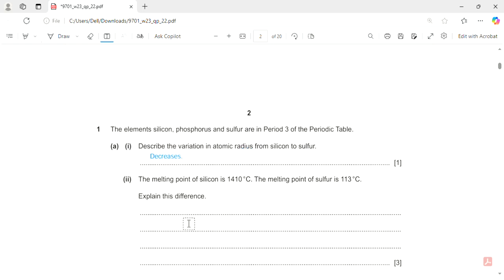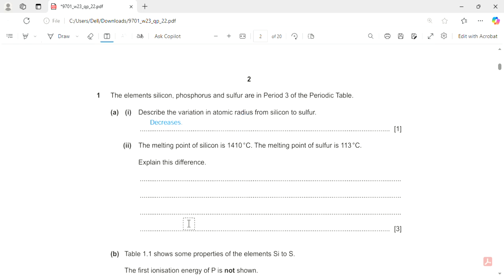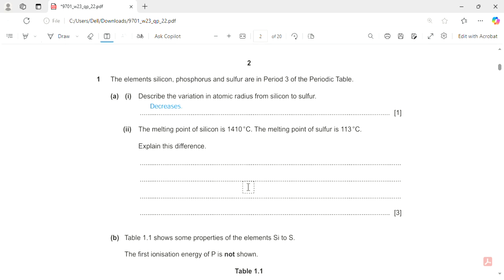The melting point of silicon is 1410 degrees Celsius, which is a high melting point, and the melting point of sulfur is 113 degrees Celsius. Explain the difference. We all know that silicon is a giant covalent, and sulfur exists as a simple molecule with weak forces.